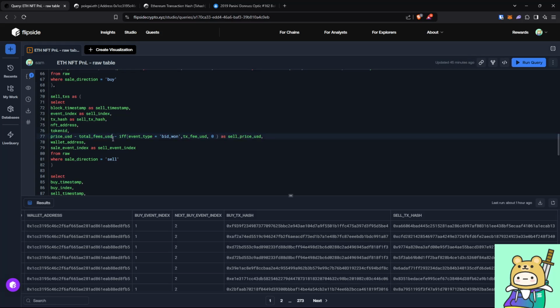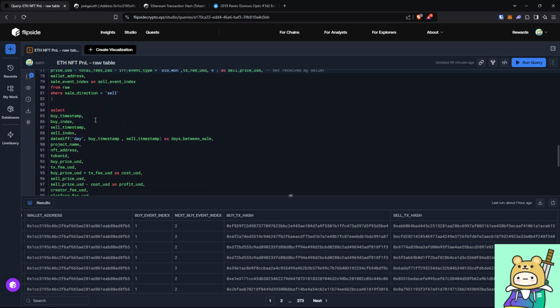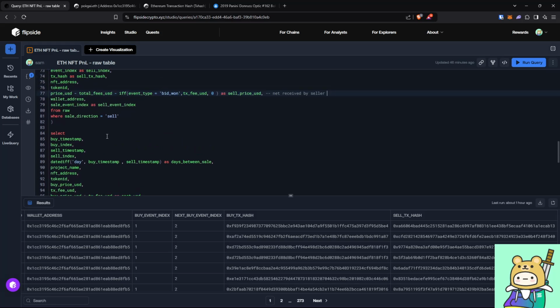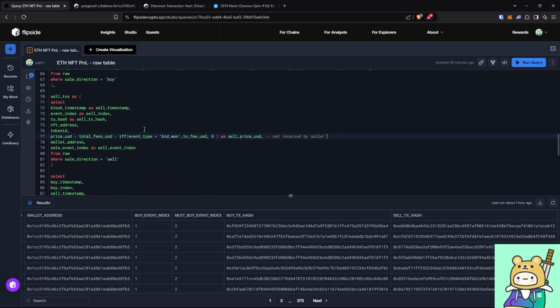So I want to get how much exactly I'm getting, and then this part is then if I have to pay transaction fees, include the transaction fees. If I don't have to pay them, then I'll make it zero, right? So this would be the net received by seller, essentially, right, after deducting all of the fees. And then I think that concludes the sell CTE.